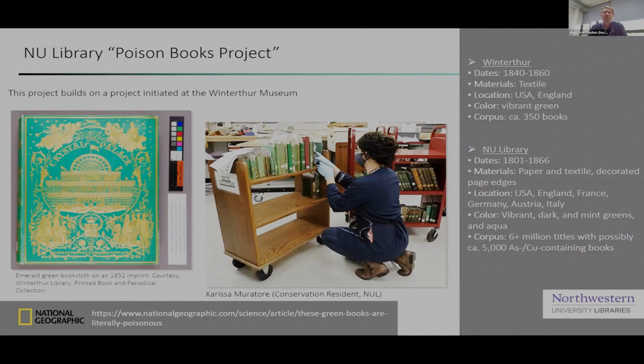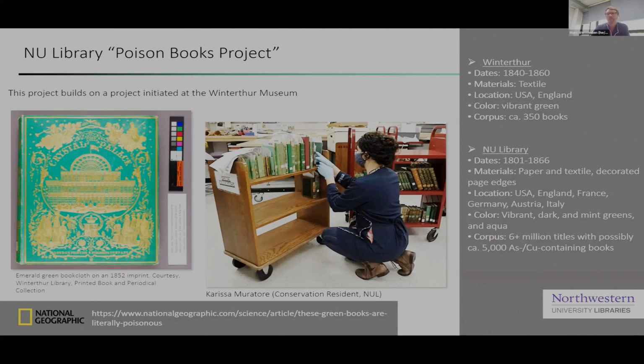What we then called the Poison Book Project, and I believe we're not supposed to call it this way anymore, but that's how it was brought to us, is a follow-up project built upon the Winterthur project, of which we're all very aware, and which has spread in the news.